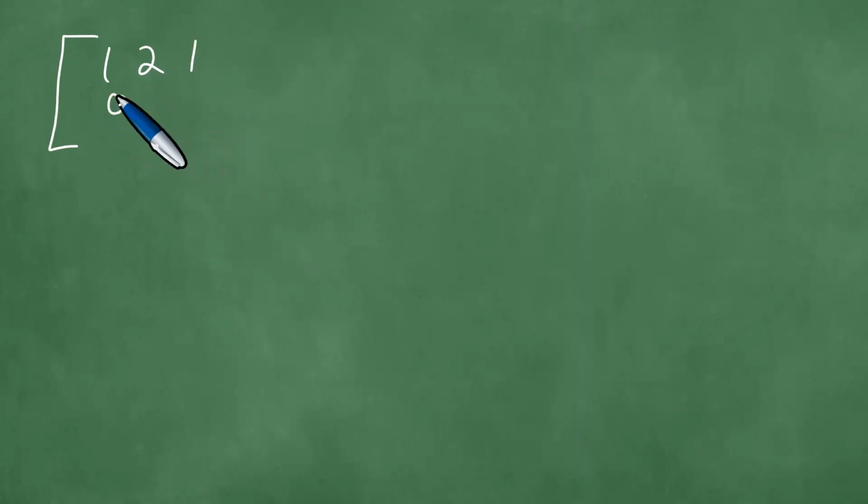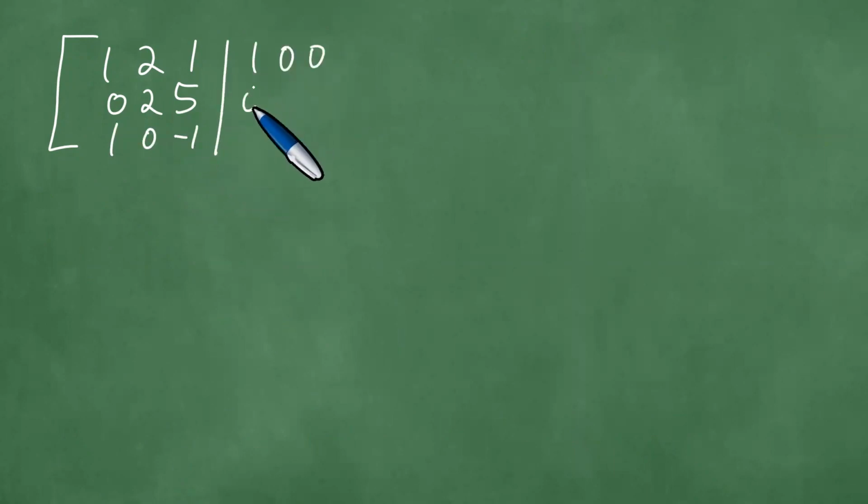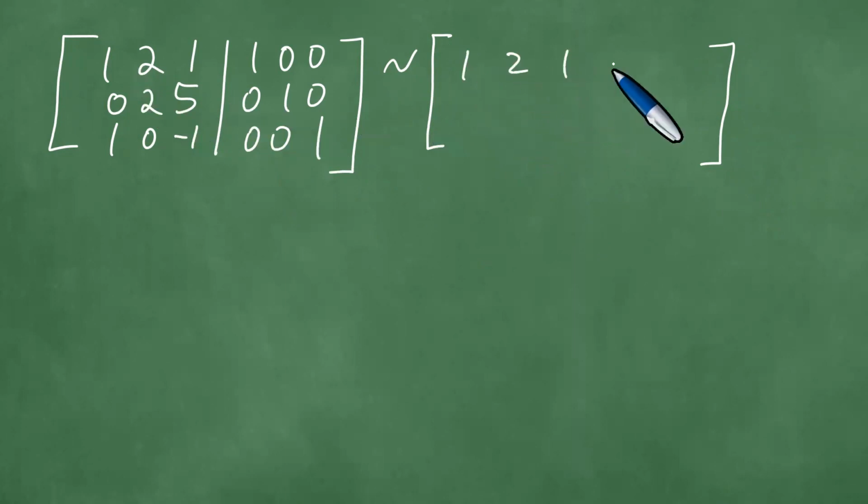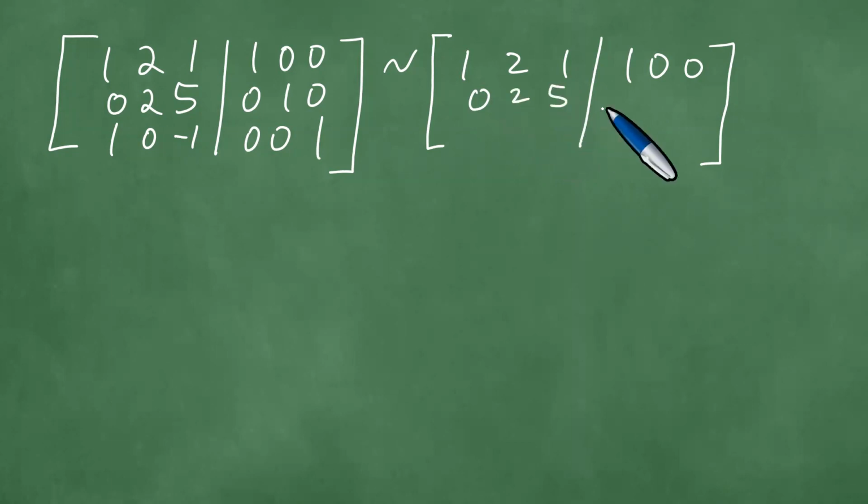This one is already having a leading one, so we just write 1, 2, 1, 1, 0, 0. And then this one is 0, 2, 5, just write it as 0, 2, 5 for now.